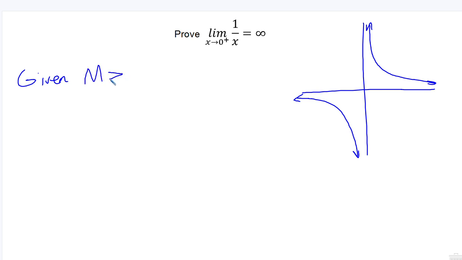So we're going to say given an M greater than 0, we need to choose some delta, and I don't know what that delta is, so just like before, we'll fill that delta in a little bit later.